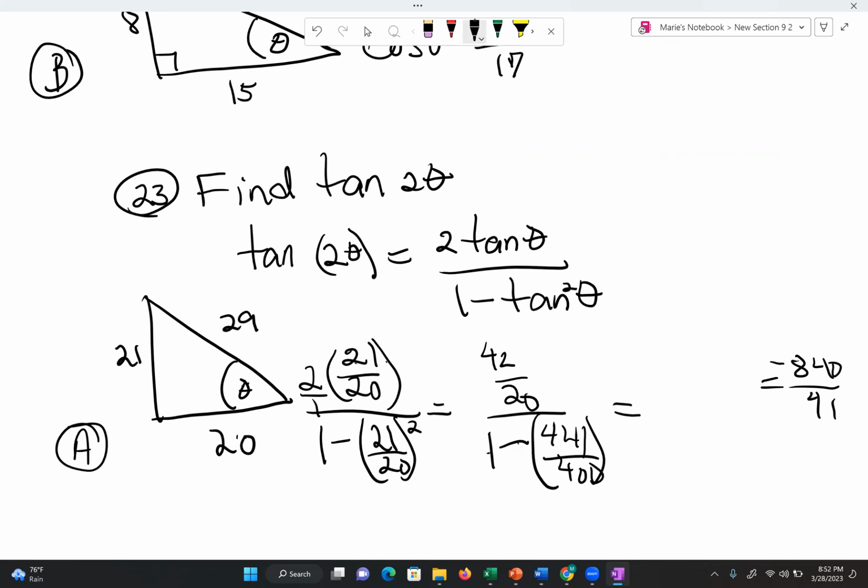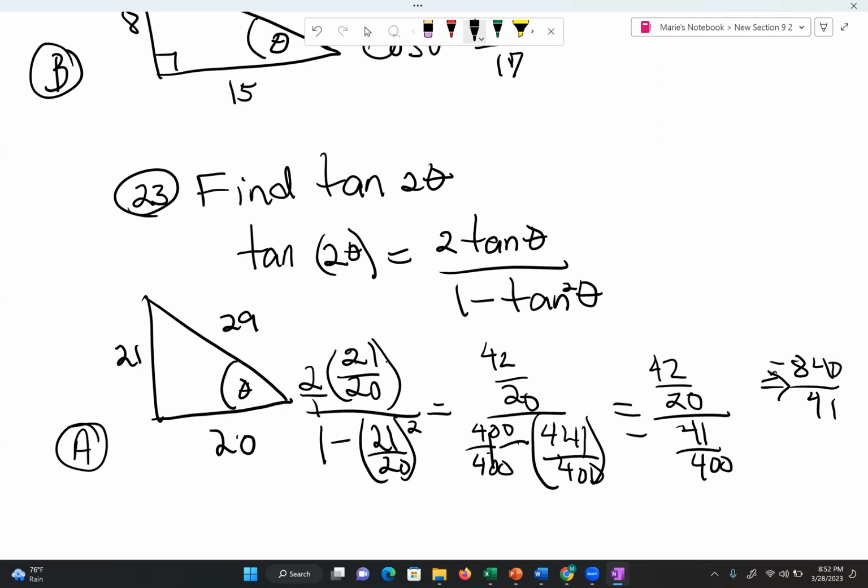So you're going to do 1 minus that, and this 1 becomes 400, so you have 400 over 400. So you end up with 42 over 20. 400 minus 441 is negative 41 over 400. So keep, change, flip, have a happy time doing that, and you're going to get 40 over 41.